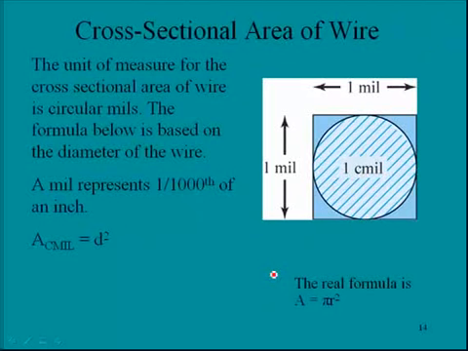And the unit of measure for the cross-sectional area of wire is called circular mils. The formula below is based on the diameter of the wire, and keep in mind a mil represents 1/1000th of an inch. So the area in circular mils is defined by d squared, where d is the diameter here, and squaring that will give us the circular mils.